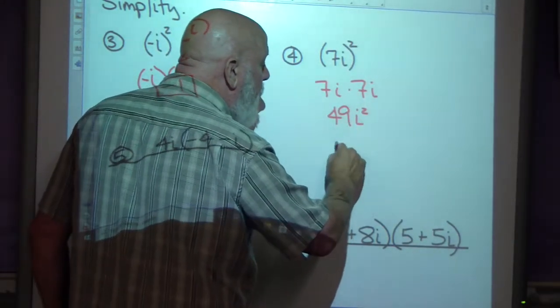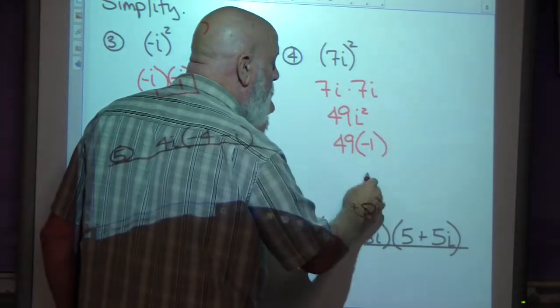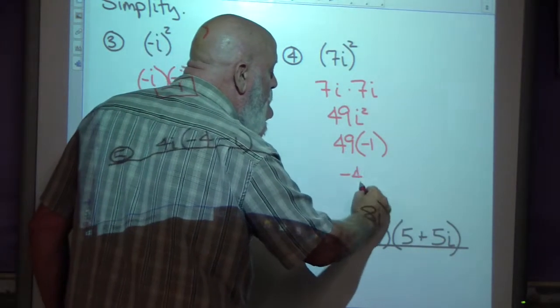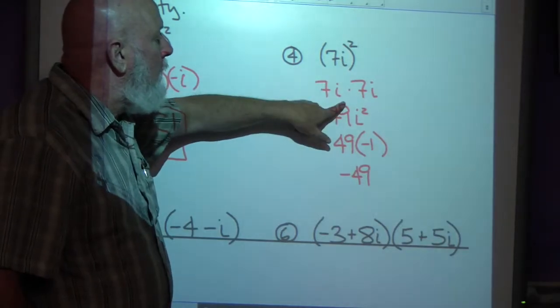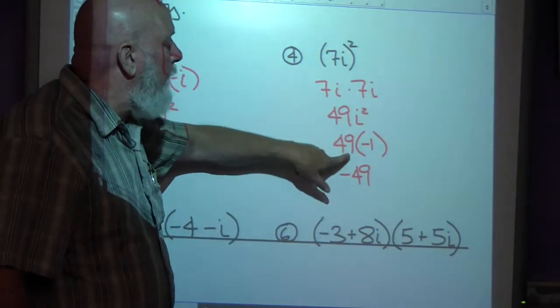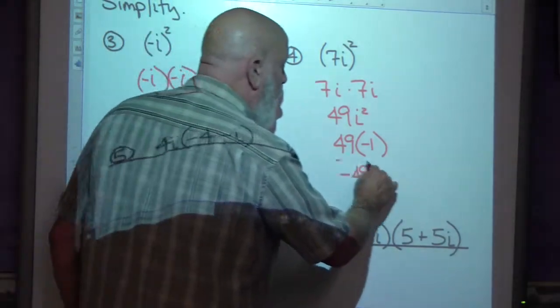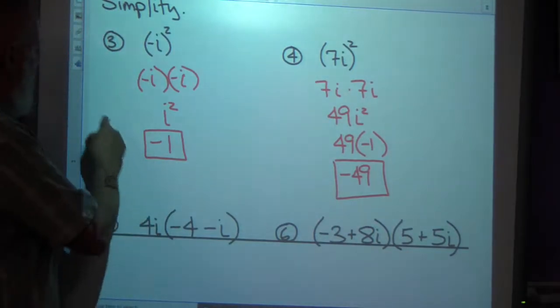And this is 49 times negative 1. I squared is negative 1. 49 times negative 1 is negative 49. So 7i times 7i is 49i squared. 49 times negative 1 is negative 49. Hopefully that's sort of making sense.